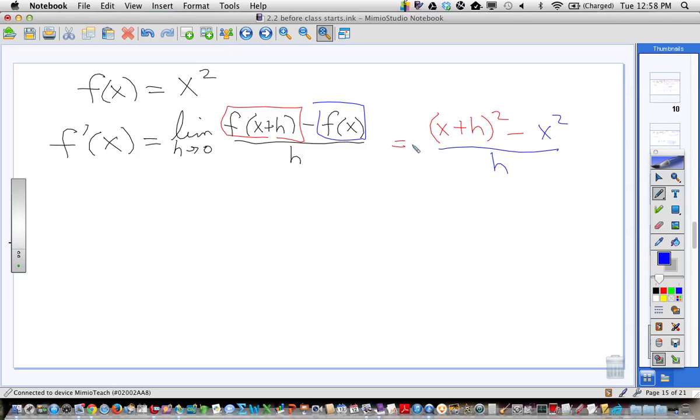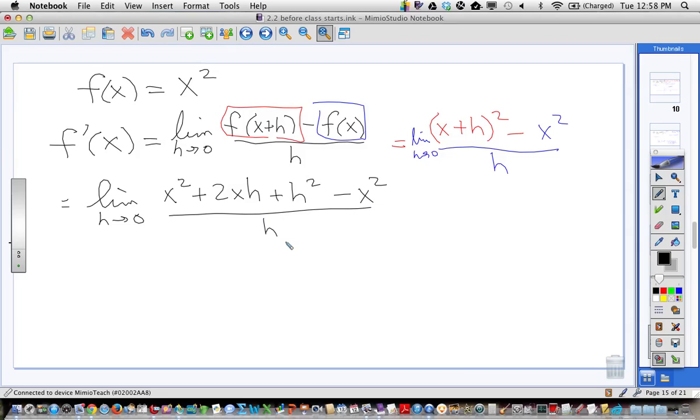Oh, I forgot my limit. I did get lazy. Yes, I did. Okay. So, this is the algebra we worked on yesterday. We got x plus h quantity squared would be what? x squared plus 2xh plus h squared minus x squared all over h.